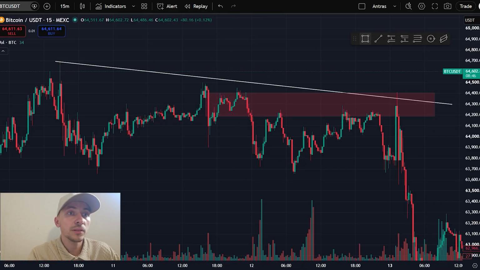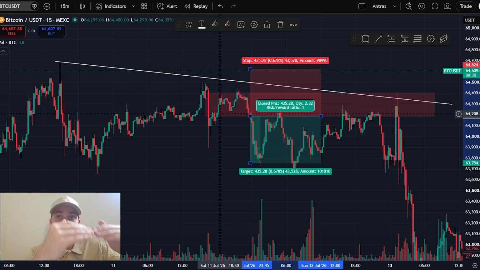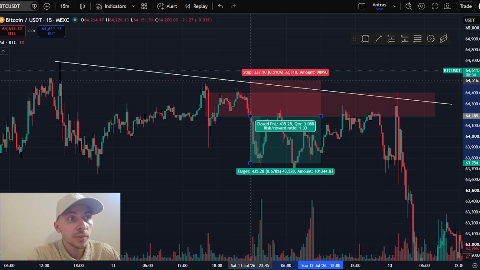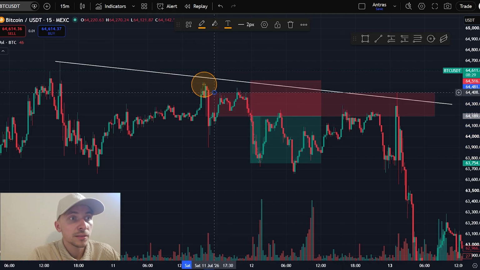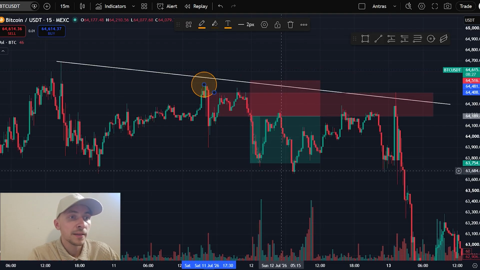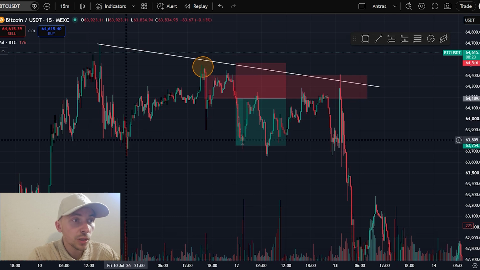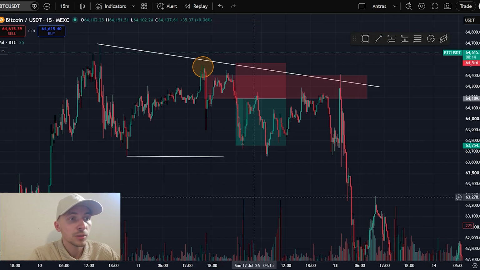Even if we enter after the price starts to go down and our fair value gap is filled, we put our stop loss above the previous lower high, and take our profit on the new one, which could possibly be somewhere below this lower low.